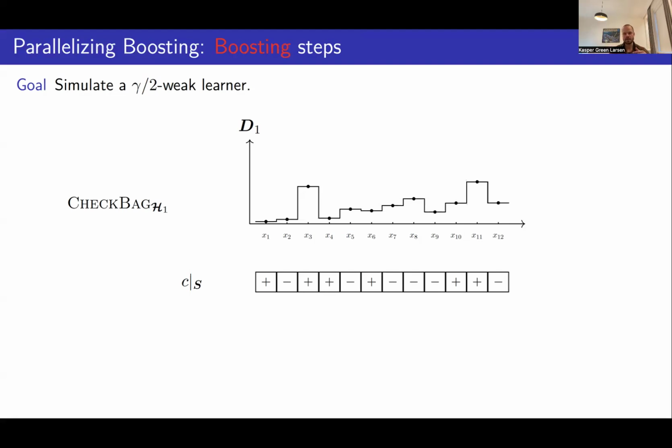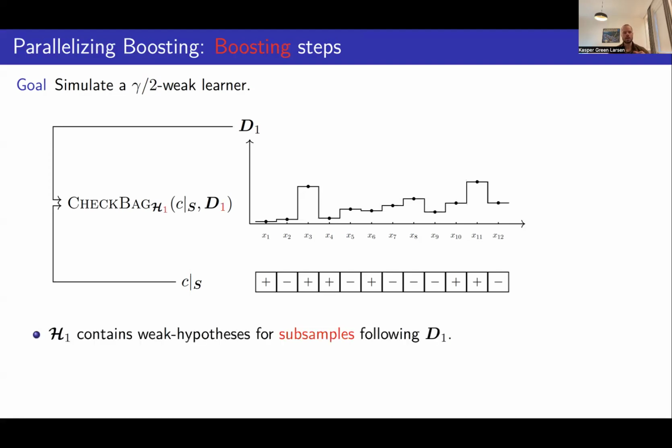So I have a set of hypotheses, H1 say, that I obtained by sampling many, many, many times from the distribution D1. I put all these hypotheses or classifiers that I train into a bag. And then I have this procedure that will check the bag. Basically it's going to look through all of these many classifiers and check each of them: how well does it perform on the distribution D1, right?